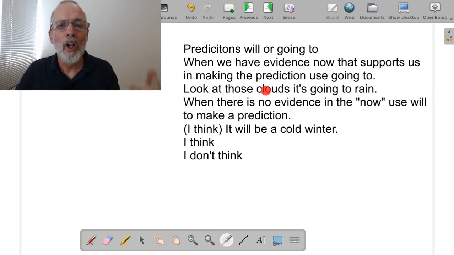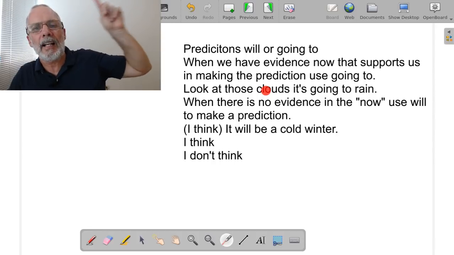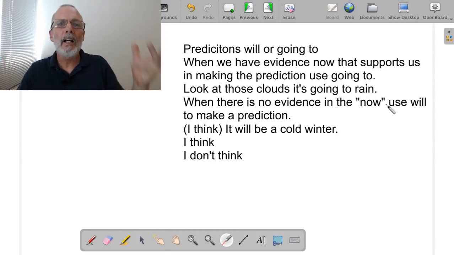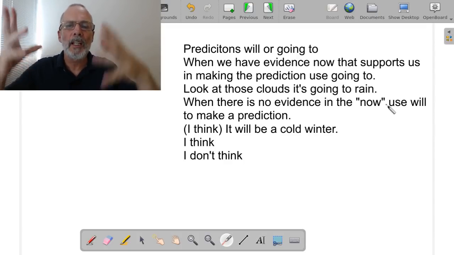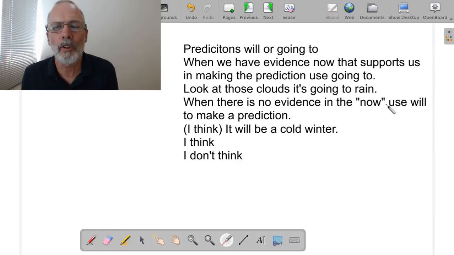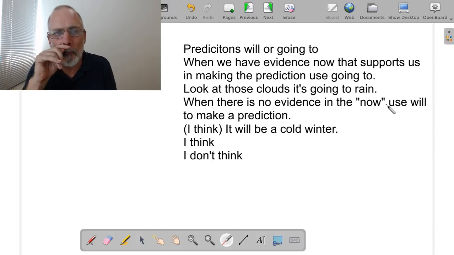For example, look at those clouds in the sky, black clouds in the sky, it's going to rain. I am making a prediction based on evidence in the current situation. I can see the clouds, so I know or I think it's going to rain, so I'm making a prediction.